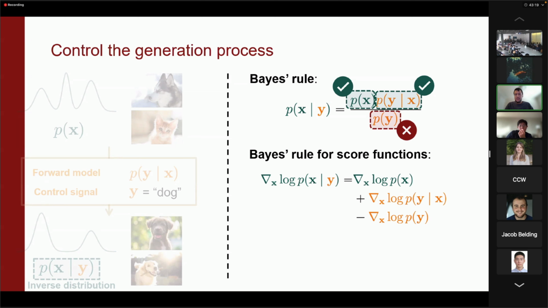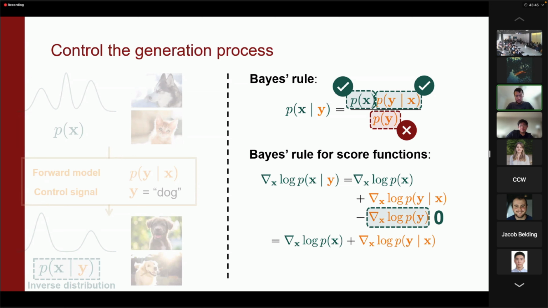Crucially, you can see that the denominator P of y does not depend on x, just like the partition function did not depend on the actual point you are at. The denominator is just a constant with respect to x. So when you take the gradient with respect to x, that disappears. What this is telling us is that if you want to get the score of the posterior, all you have to do is sum up the score of the prior and the score of the likelihood.